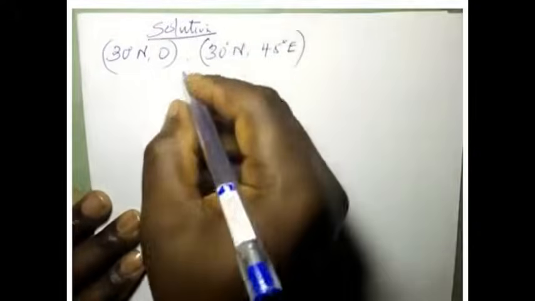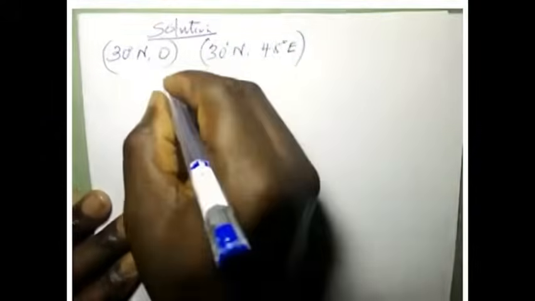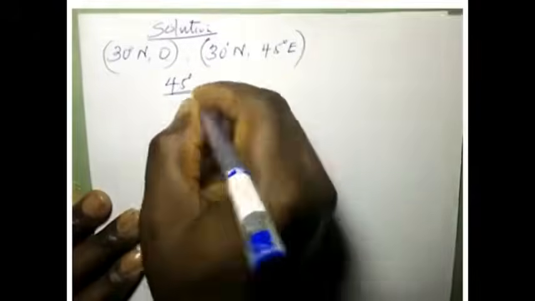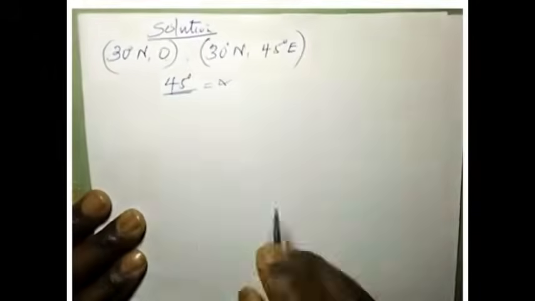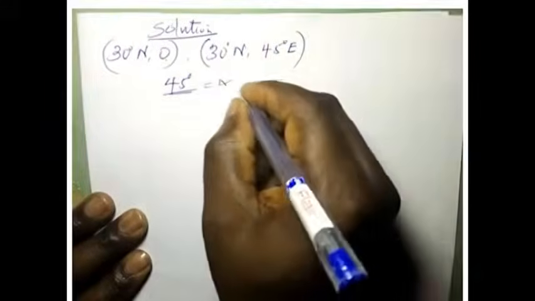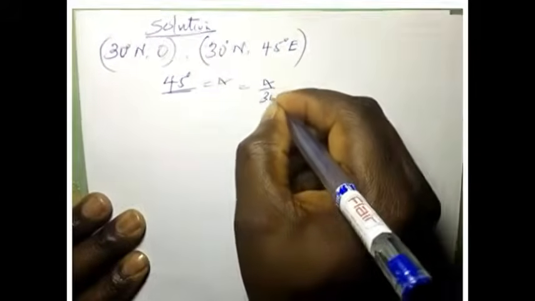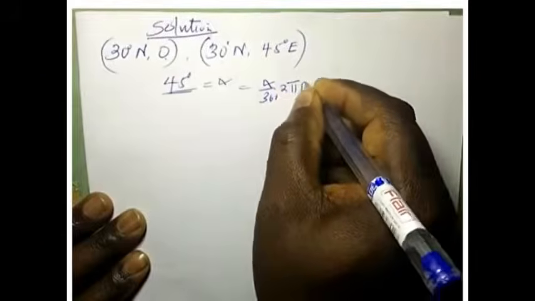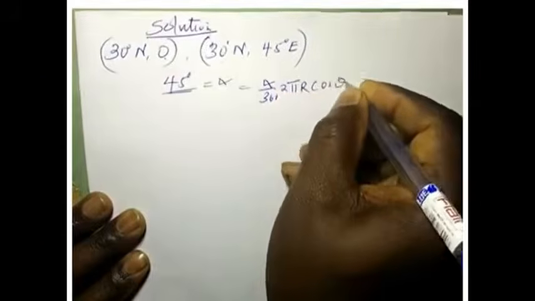So let us get the angle difference. The angle difference will be 45 minus 0, that one is 45 degrees. That is the angle difference, and this one is alpha. How do we get the distance in kilometers along a small circle? We know the formula, it is alpha over 360 times 2 pi r cos theta.